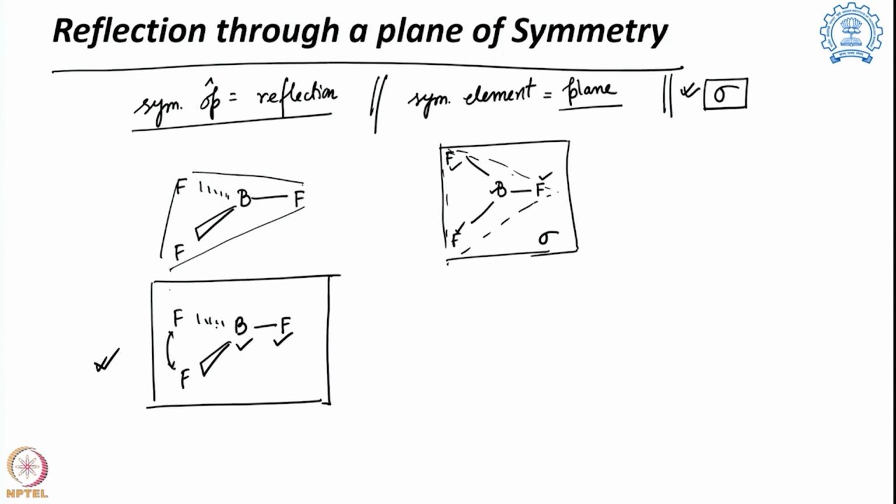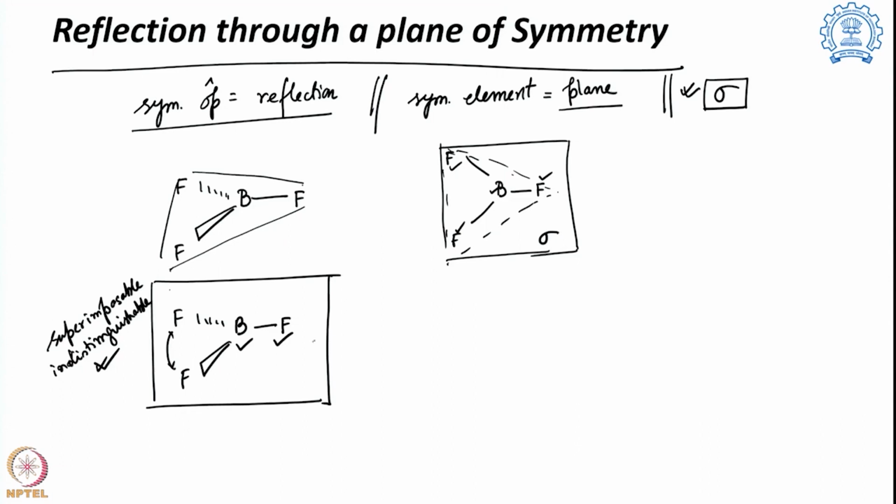The up one goes to the lower side, the lower one goes to the upper side, and we again have a superimposable, indistinguishable structure, and with that we can define that there is a plane of symmetry present over there.